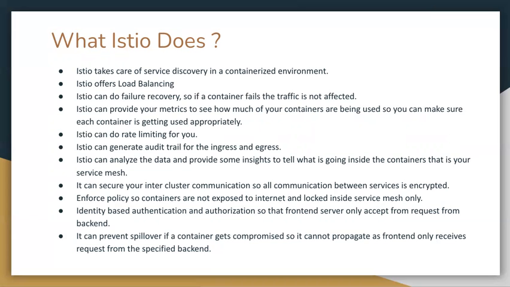Istio can also provide you the metrics to see how your containers are getting used, and then you can make sure that if my service has multiple containers, they are used in equal ratio so that all the containers are getting used. This will increase my capacity and fault tolerance.